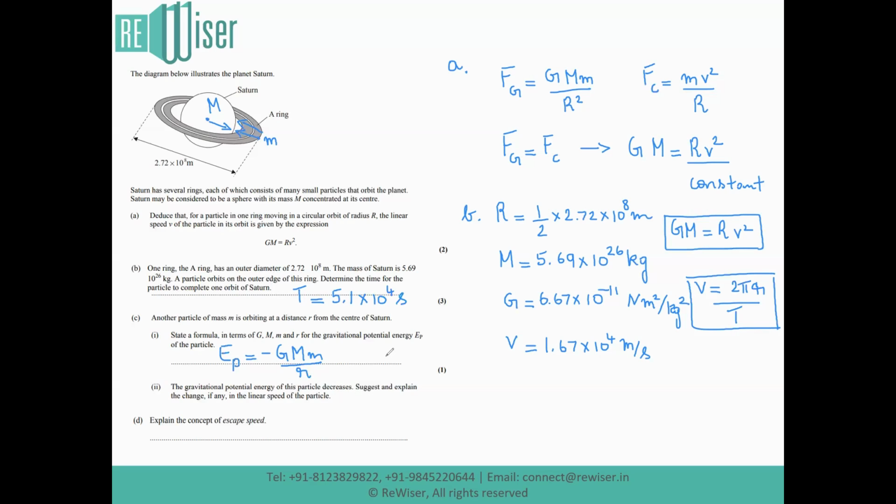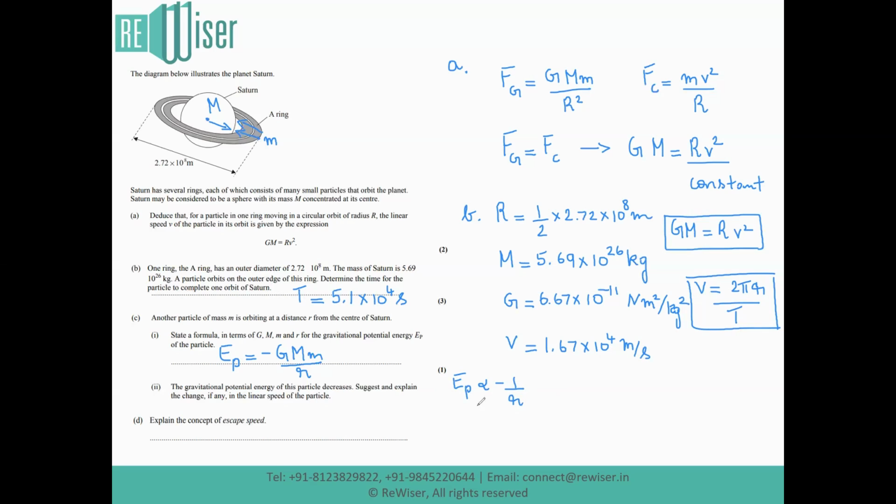Moving ahead, the gravitational potential energy of this particle decreases. Suggest and explain the change, if any, in the linear speed of the particle. Here, to find out the status of linear speed, we will first look at distance r. We know that gravitational potential energy is related to r as EP proportional to negative 1 by r. If this were a positive sign, the decrease in gravitational potential energy would increase the value of r.